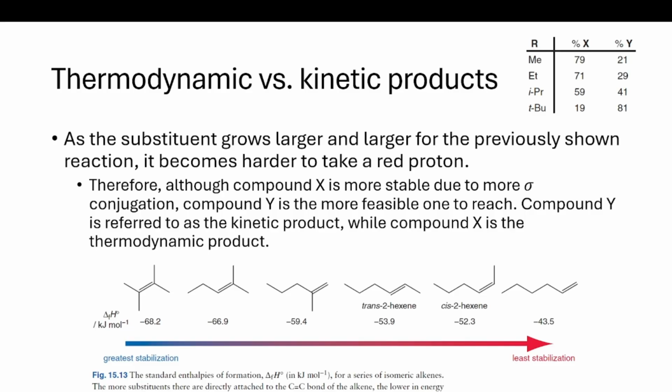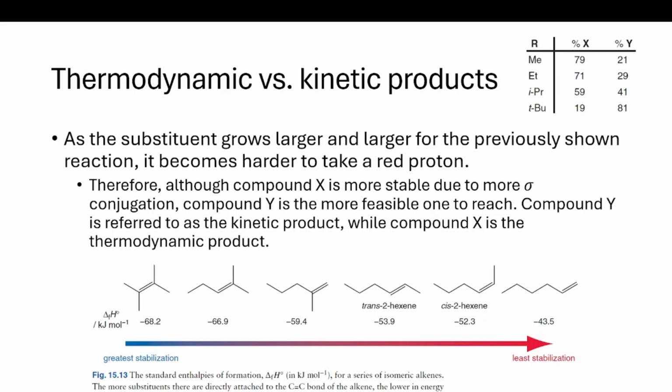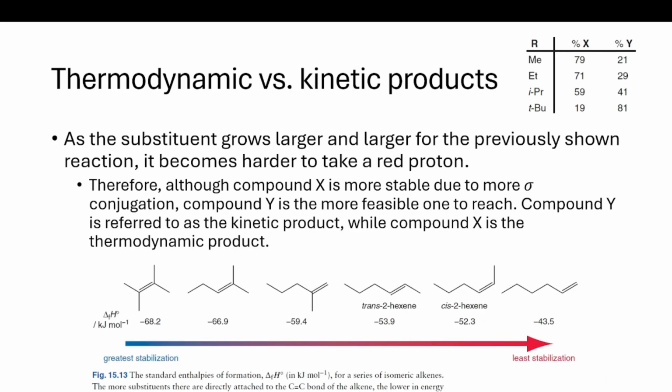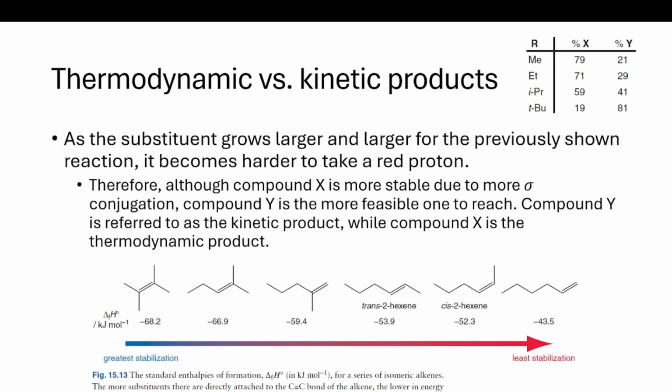Alright, this one was particularly my favorite slide, and it touches back on sigma conjugation and how it stabilizes alkenes. Going back to this reaction, if we take another look at this R group, as the substituent grows larger and larger, it becomes harder to abstract, specifically a red proton.